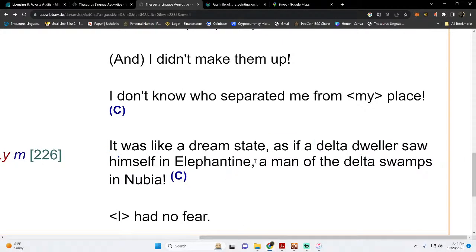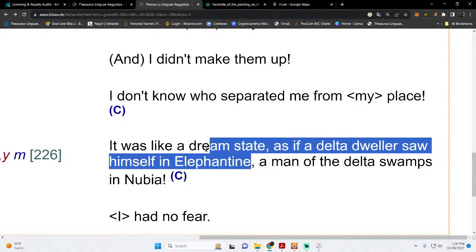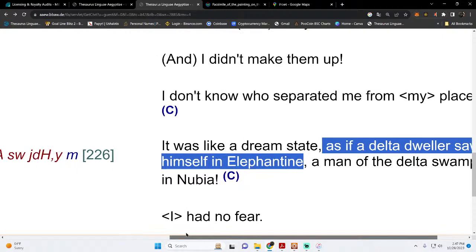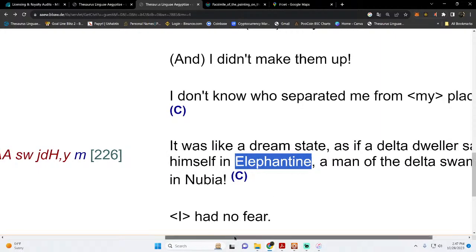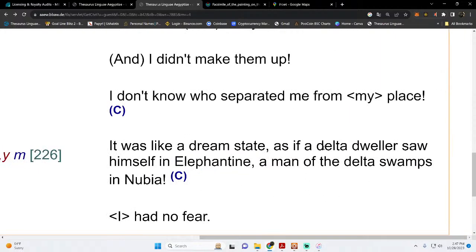What's this dream state? The dream state is like if you saw yourself in Hollywood. It's like if you saw yourself where it's more popping, you're going to get to dreaming. Because Elephantine in this equation is, I told you the Delta wasn't worth nothing.